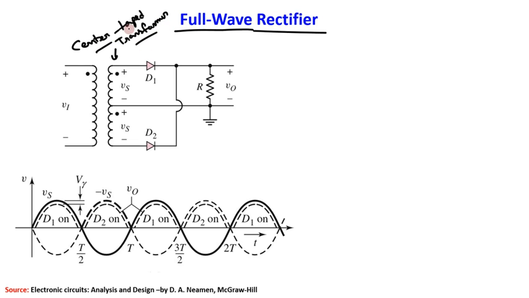The number of windings from here to here is exactly equal to the number of windings from here to here.